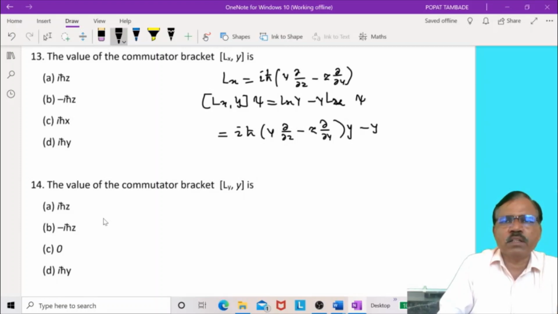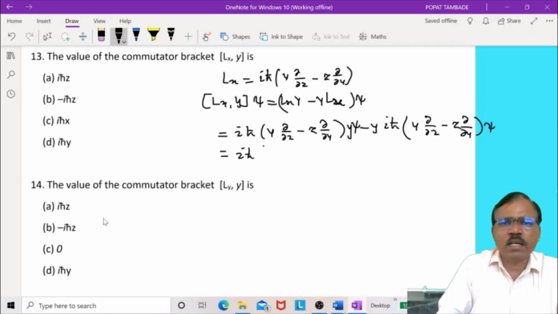So operating on psi, minus y iħ (y ∂/∂z minus z ∂/∂y) operating on psi, and then solve this.